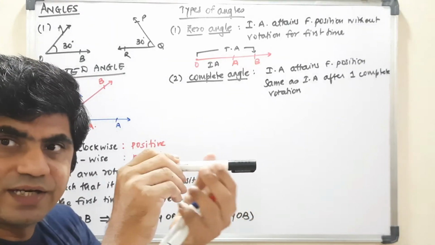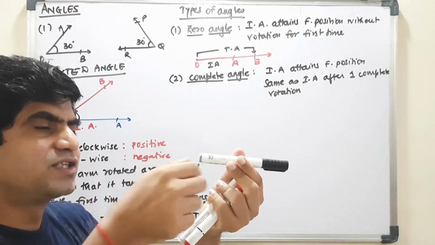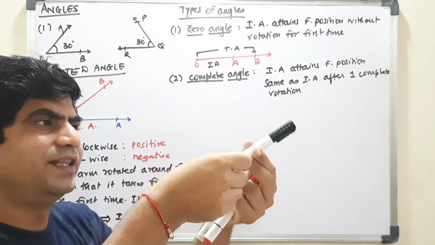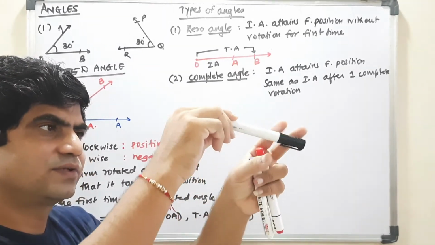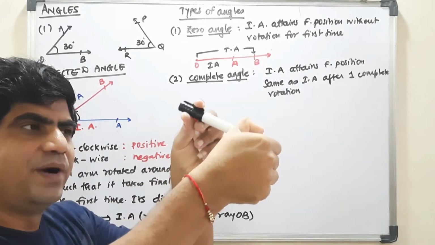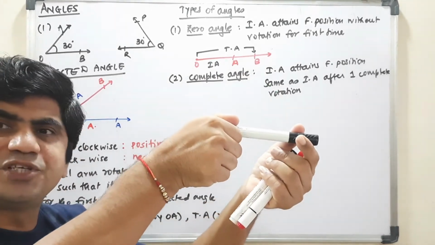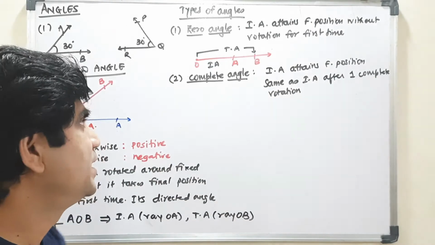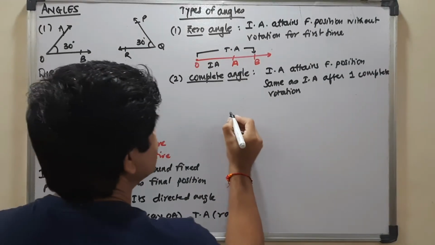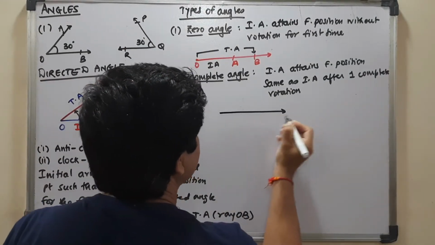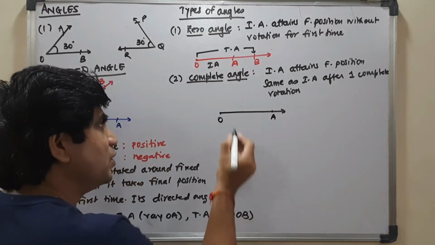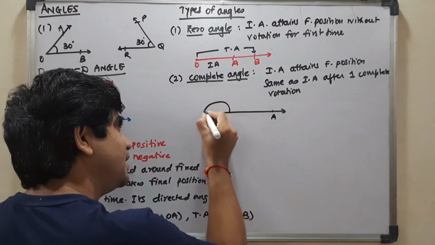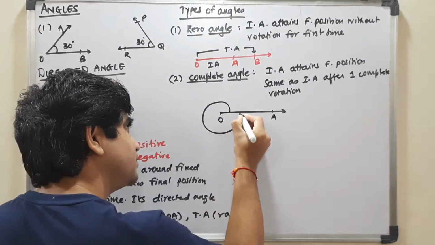One complete rotation means the initial arm, this is your initial arm, will start rotating either clockwise or anti-clockwise, like this also. But when it rotates, it will come to that same position again. Suppose this is your initial arm. It rotates from here in anti-clockwise manner and reaches over here.